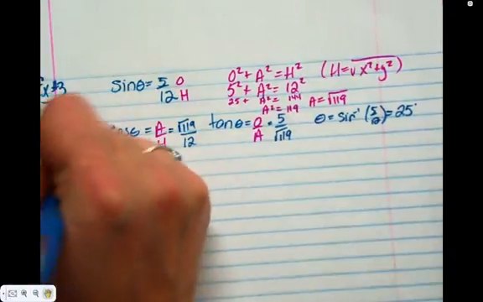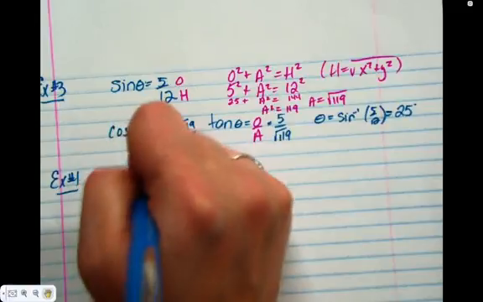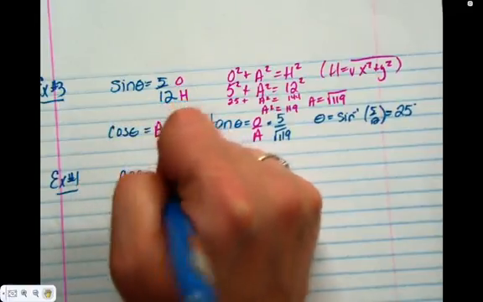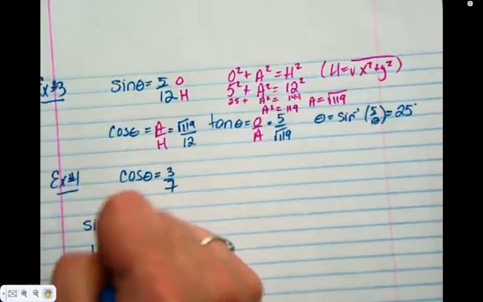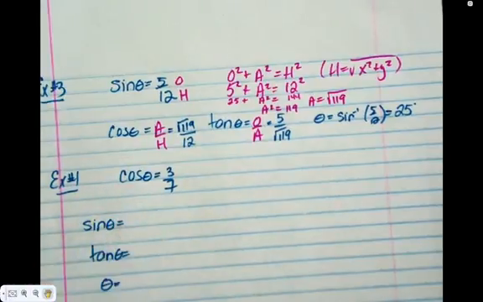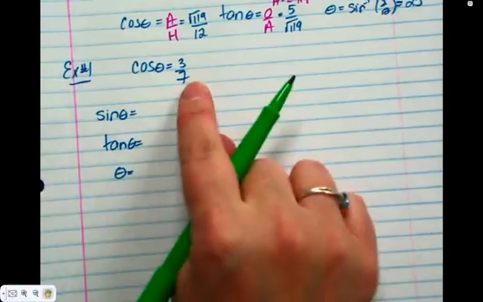Number 4. This time they're going to give us cos. Step number 1, label the given formula.